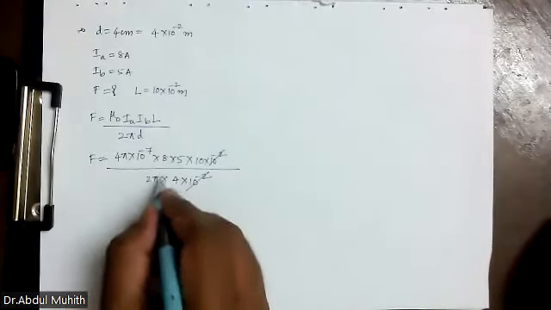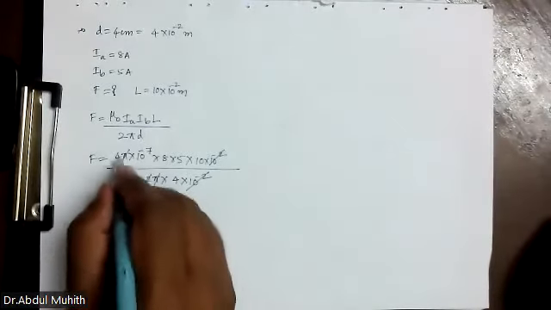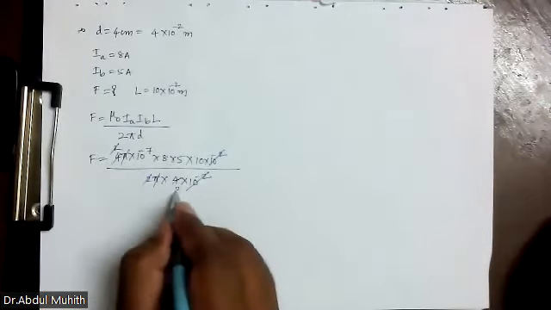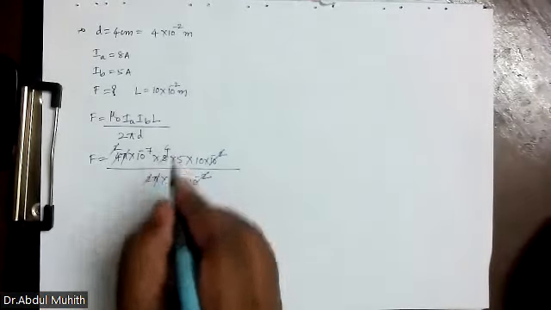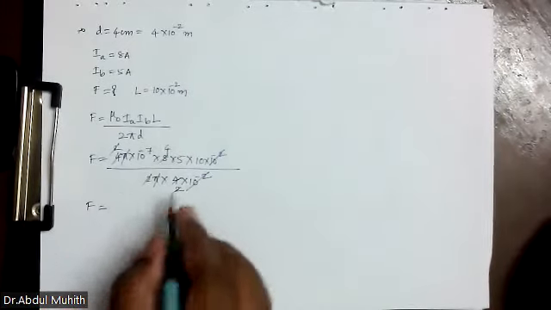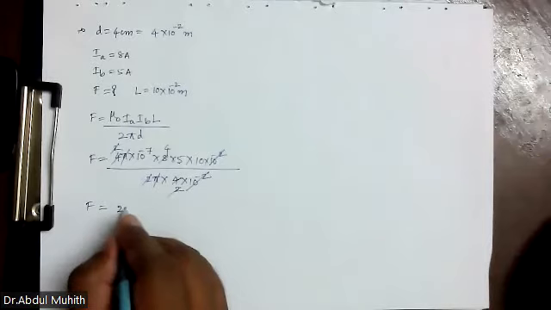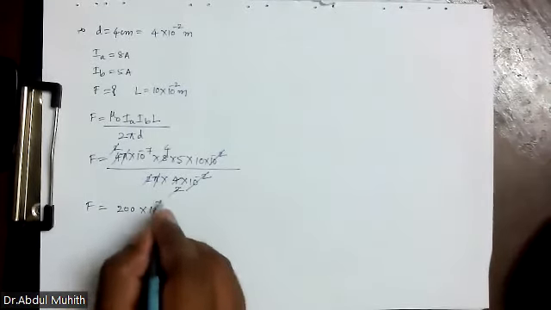Pi will go away. 2 ones, 2 twos; 4 ones, 4 twos; 2 ones, 2 fours. So F is equal to 4 into 5 is 20, 20 into 10, 200. 200 into 10 to the power of minus 7 newtons.